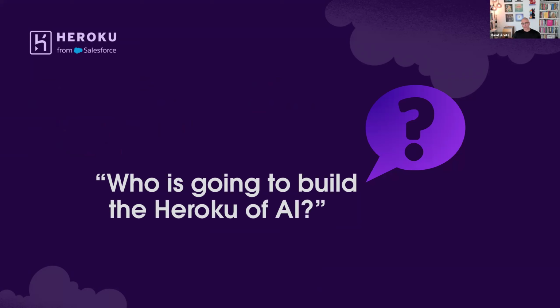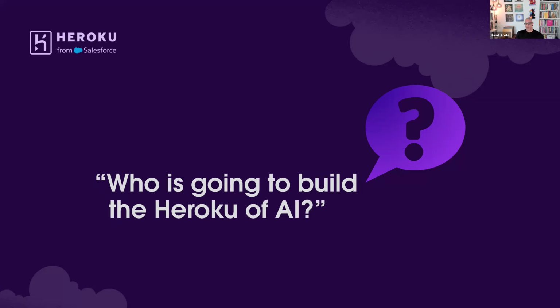Back in the day, Heroku took on that challenge with making it easy to deploy and scale applications, starting with Ruby on Rails, but git push heroku main really changed the game in terms of how to think about deploying, scaling, operating over time. So we often hear the question, like, who's going to build the Heroku of AI?